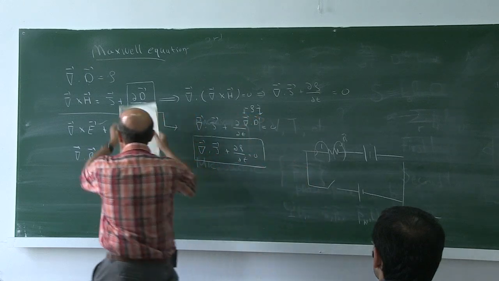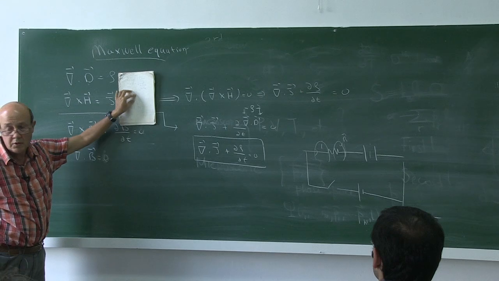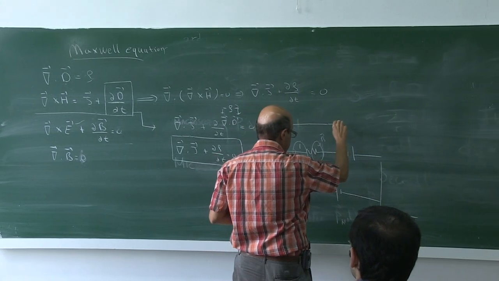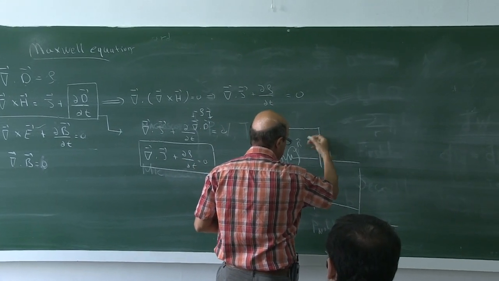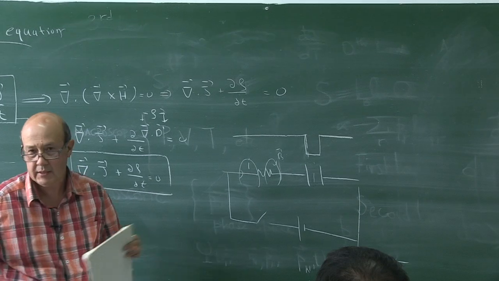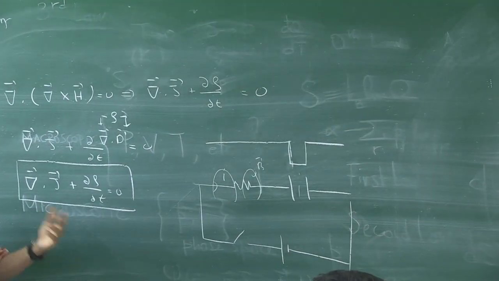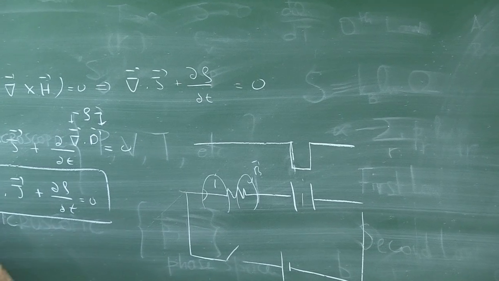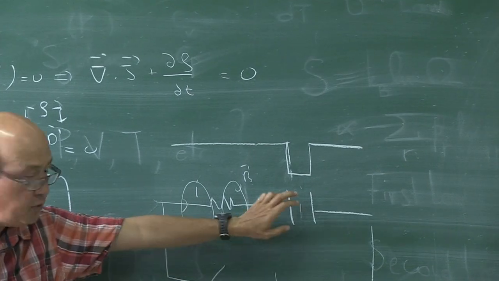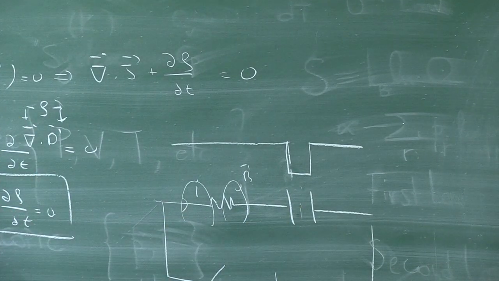If you had Ampere's law alone, your magnetic field structure would look something like this: you have a B, it drops to zero in the capacitor and goes up again. Physically, it's not good, because we have a sharp change, a discontinuity in the field. Observationally, you have a magnetic field in the capacitor.